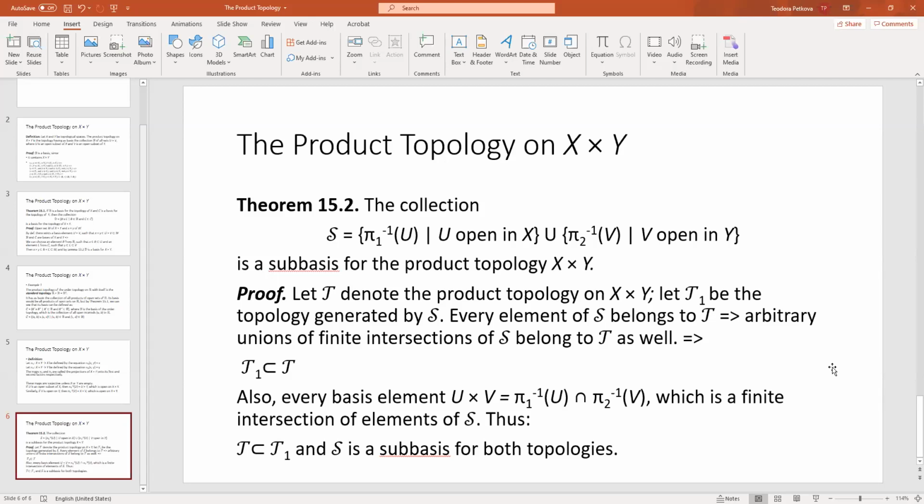So if you use this kind of pushback or pushforward definition, then you will get this projection to be a continuous map, in some sense, which we will see later.